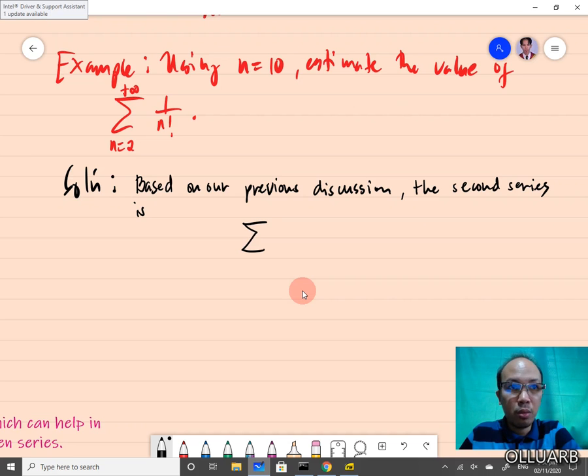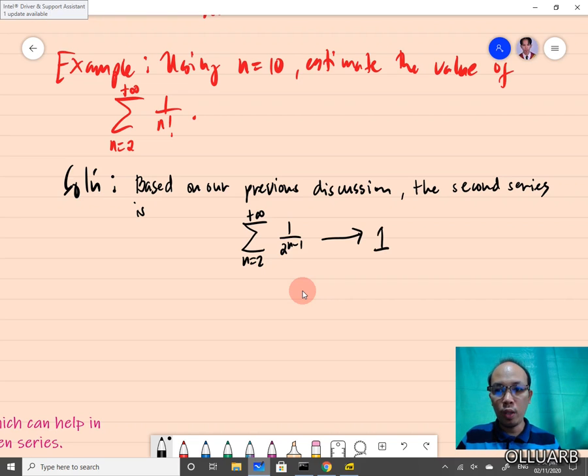This is compared to 1 over 2 to the n minus 1, n is equal to 2 to positive infinity. And we know that this series converges to 1. Okay, so again our n here is 10.